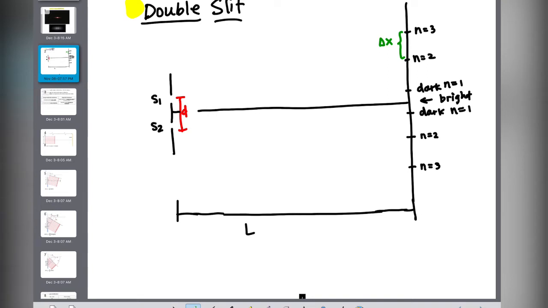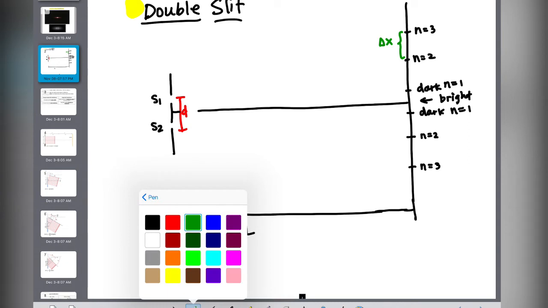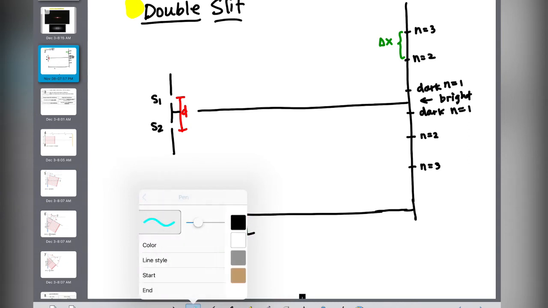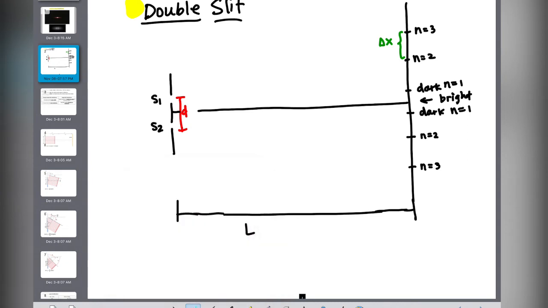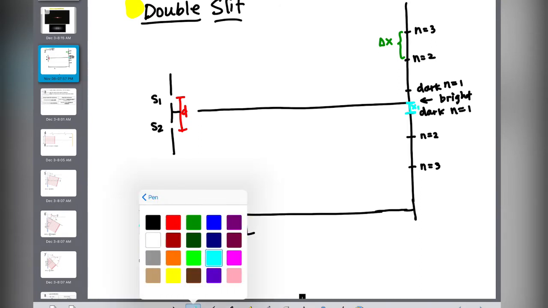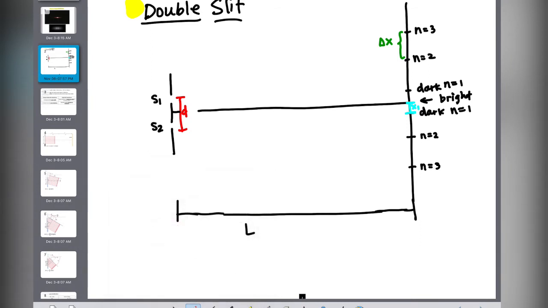You need to be careful: from the center to the first line, that is x1, and from the center to the second dark line, that is x2. So you have to be careful with the wording, and so on and so forth.